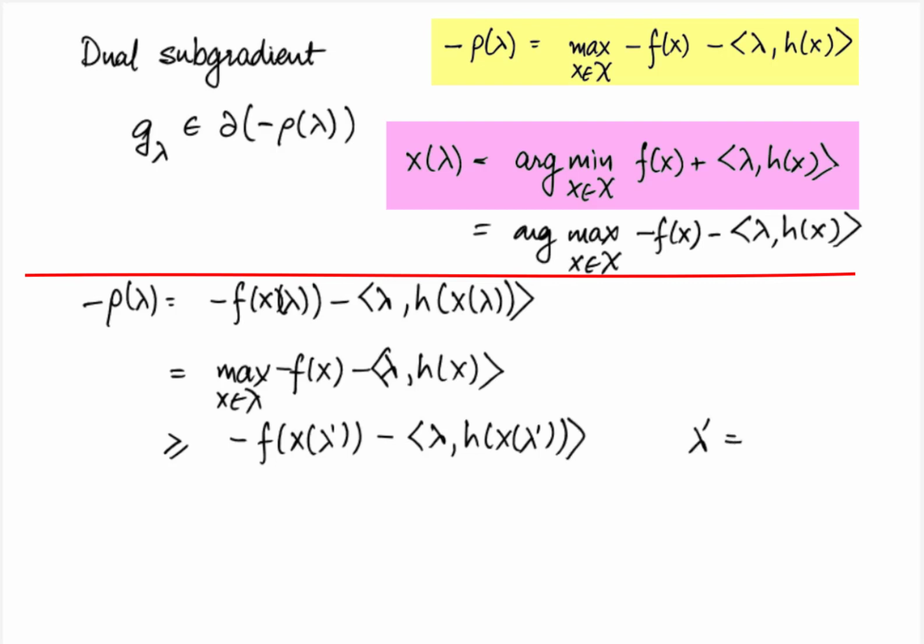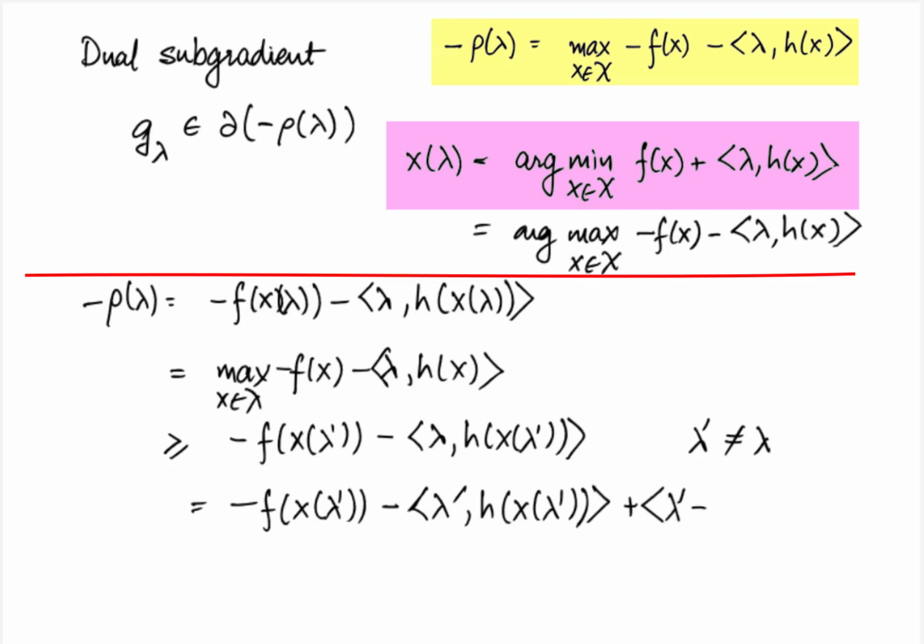So essentially we have replaced x of lambda with x of lambda prime, which is suboptimal. Now adding and subtracting lambda prime in the second term, we obtain that the right hand side is equal to minus f of x of lambda prime minus inner product lambda prime with h of x of lambda prime plus inner product lambda prime minus lambda comma h of x of lambda prime.